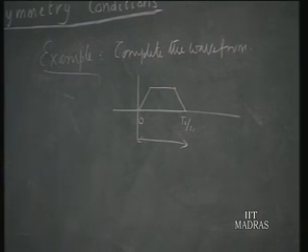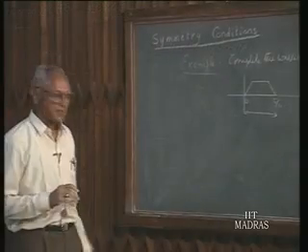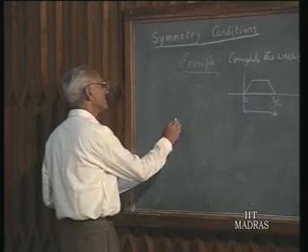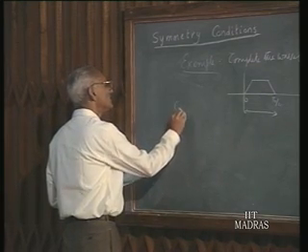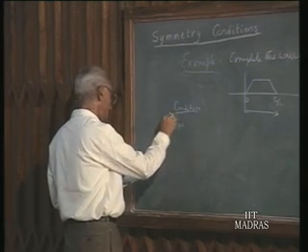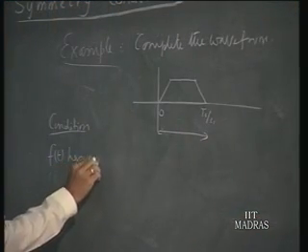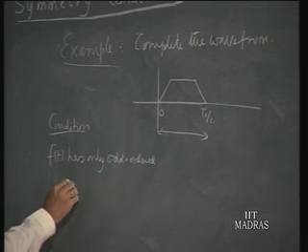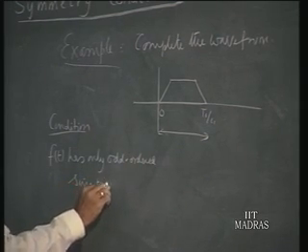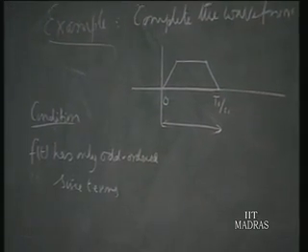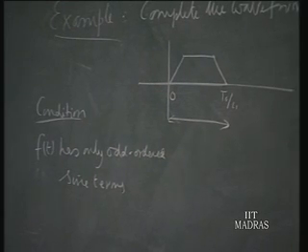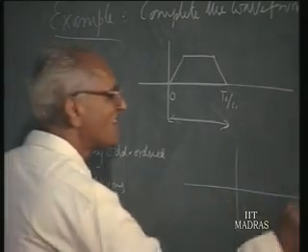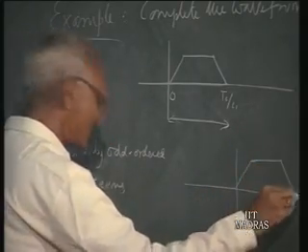Certain additional conditions are given and we are asked to identify the complete waveform. Let us say the condition is that f of t has only odd ordered sine terms. The waveform for the entire cycle is not given, only partial specifications, but this condition is given. So this is the data that is given to us.